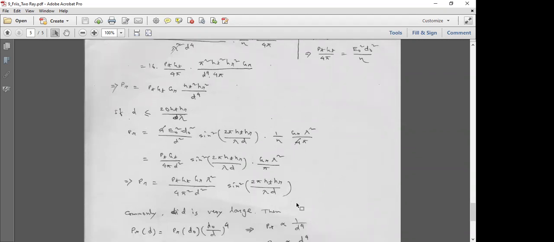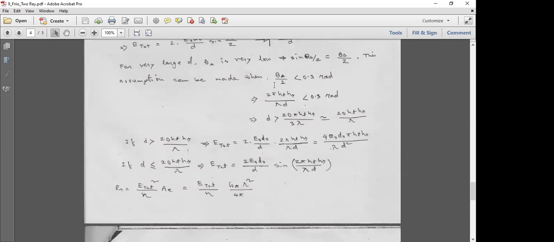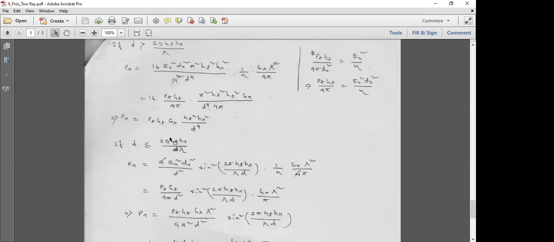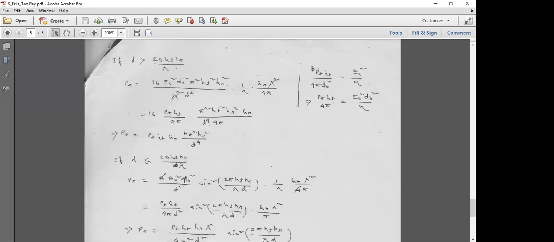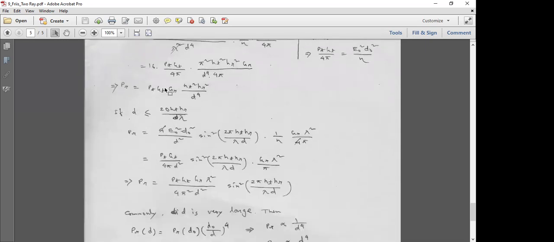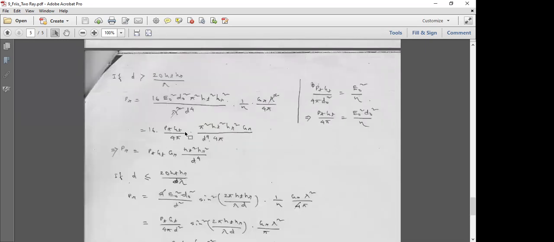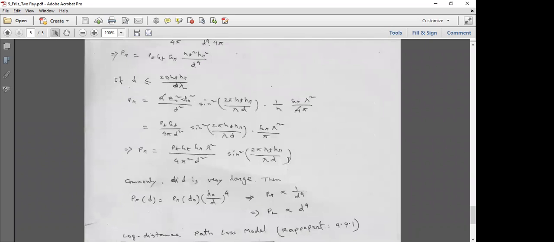So in the problem, once you check whether or not you can apply this approximation, you decide which equation you have to use for received power calculation. If this one is satisfied, you use this expression. If it doesn't, use this second expression.